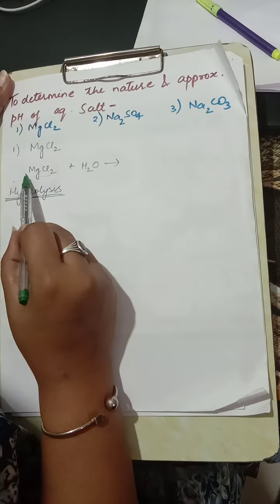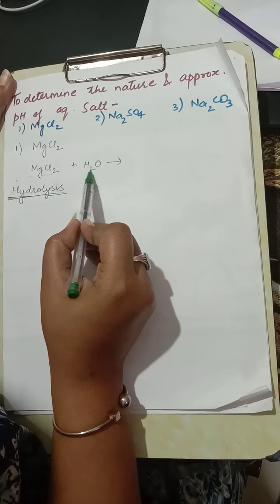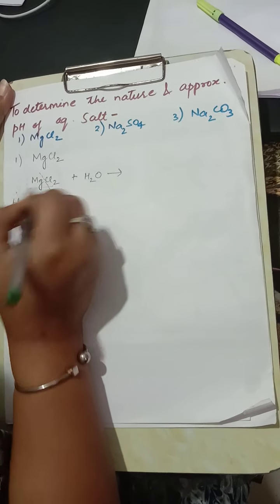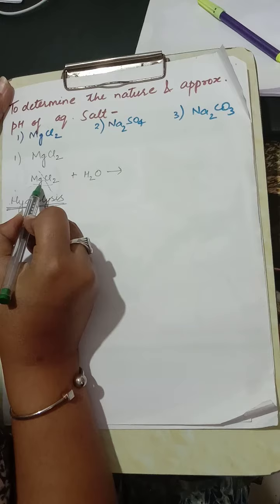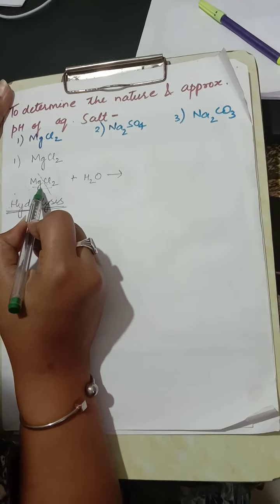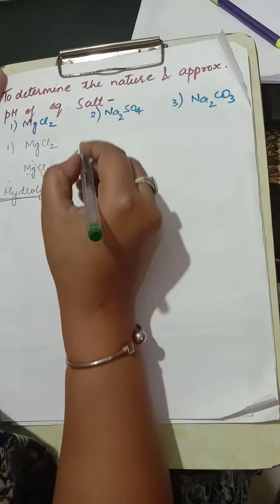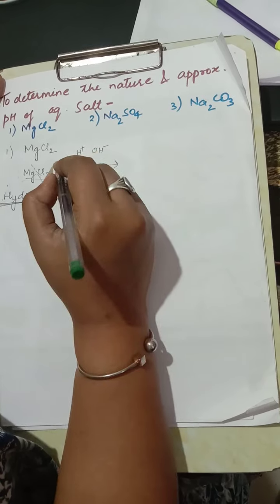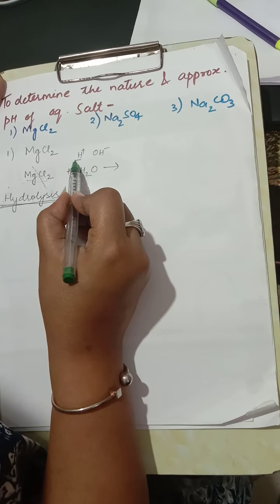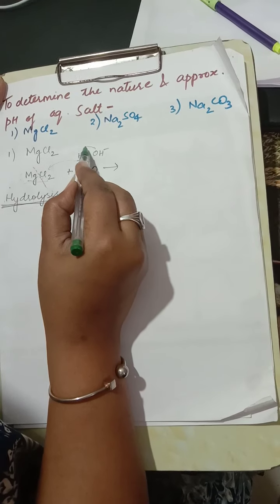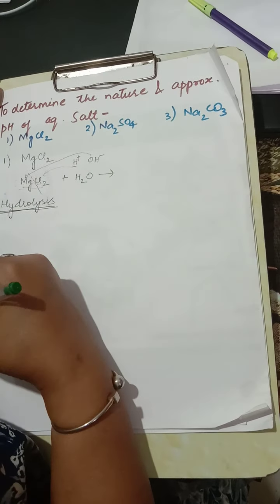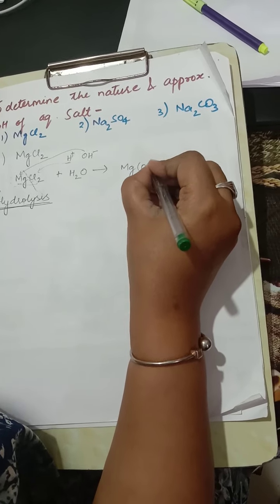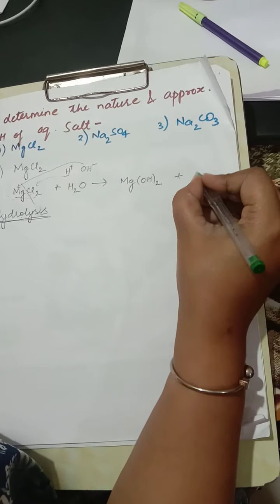With the help of hydrolysis reaction, we determine the nature of the given salt. Hydrolysis means we are taking salt and we are reacting this salt with water. Now, just decompose this salt in this manner. Mg and Cl are the 2 components of this salt, and water, we already know it is made up of H ion and OH ion. This H ion must go to this Cl and this hydroxyl will go to this Mg. So, what will happen? After hydrolysis, Mg(OH)2 will form along with HCl.